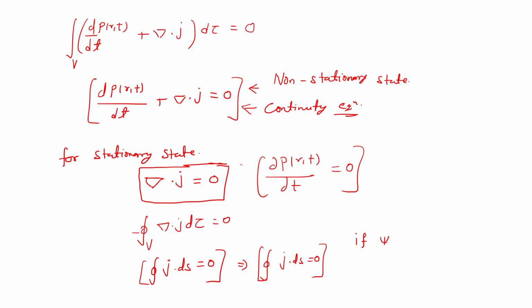If psi, the wave function, is real, then the probability current density will be 0. That is, J will be 0. How? We will take examples. These are very important conclusions from this topic. Now we will take some questions and then proceed. So do write this and then we will proceed.